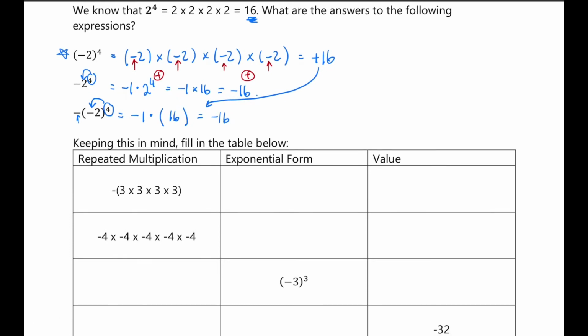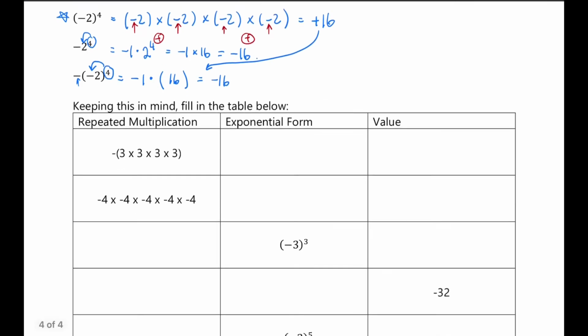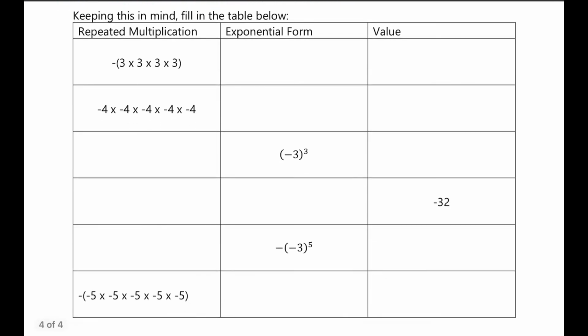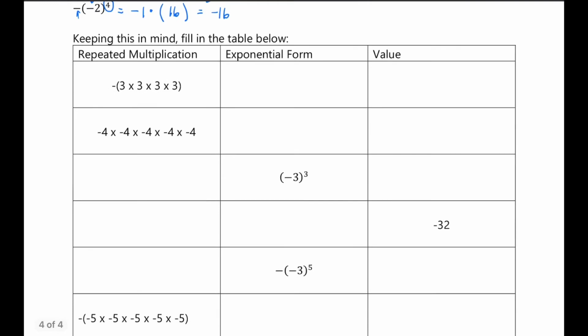Keeping this in mind, fill in the table below. So repeated multiplication, it has a negative outside the bracket. So we can actually just say negative. Base has to be 3, and how many 3's are there? 4. So we can say that the value of this is negative.